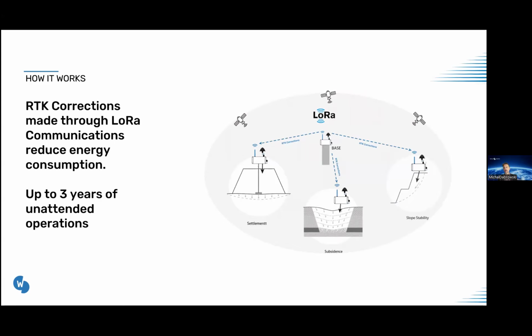It has massive power consumption in comparison to our devices. However, survey rovers are mobile devices which you assemble every day. You travel with them, so you are able to change the battery every 3 or 4 hours, and you don't require a very power efficient system for communication. However, our equipment, you have to remember, we made for monitoring, meaning permanent occupation and permanent deployment. With this way of communicating, we can assure over 3 years of unattended operation on one set of batteries.